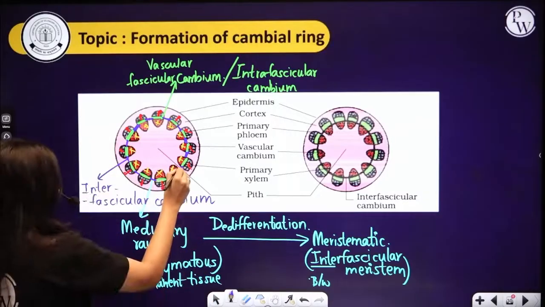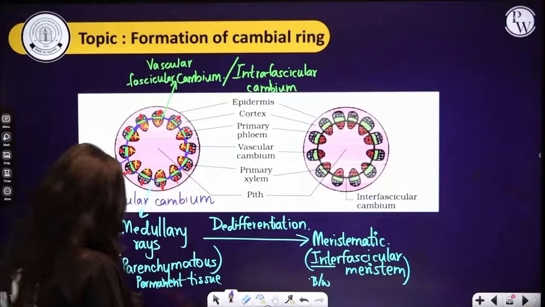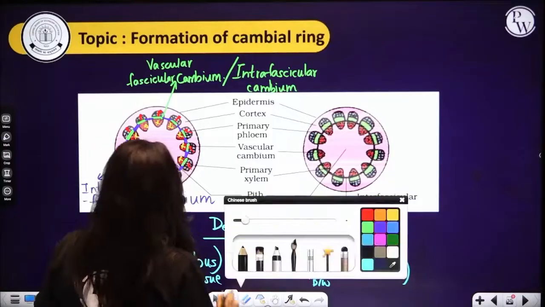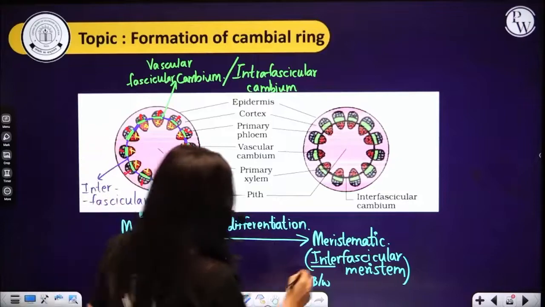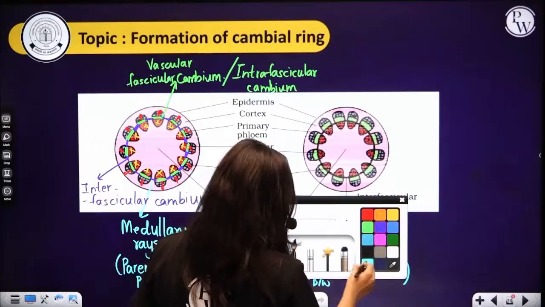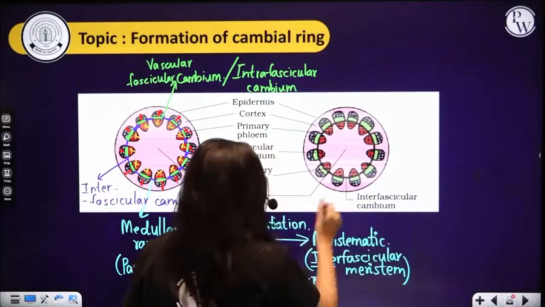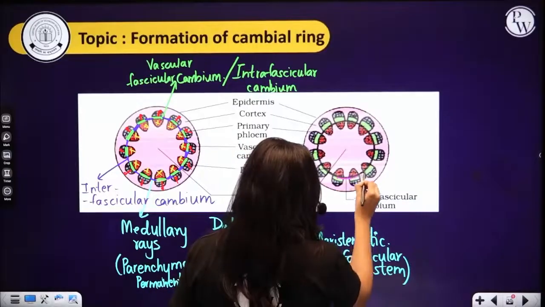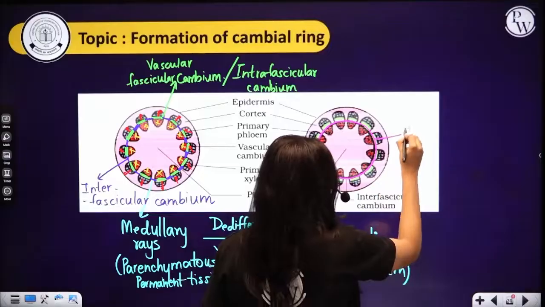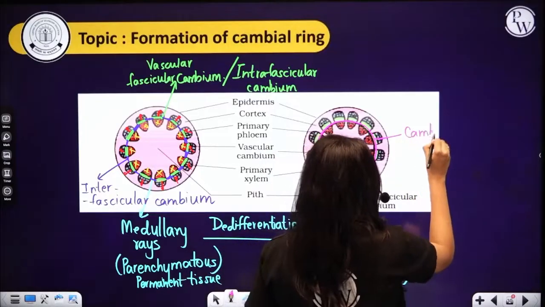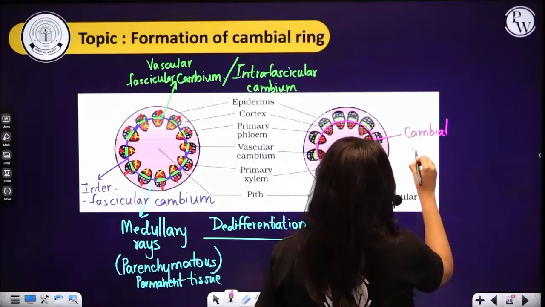Now this interfascicular cambium and intrafascicular cambium combine together to form a single continuous ring like you can see here. Okay, so both of these combined to form a ring which we call the cambial ring.